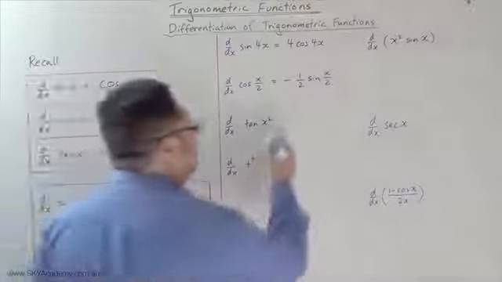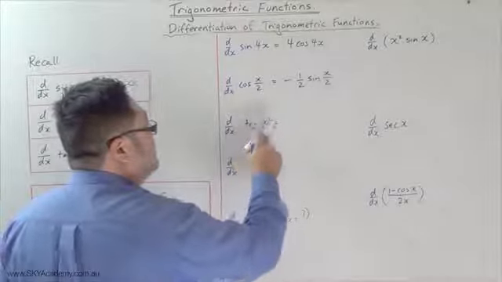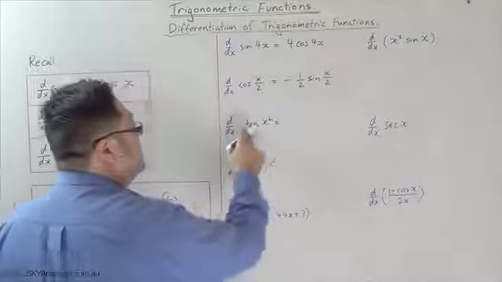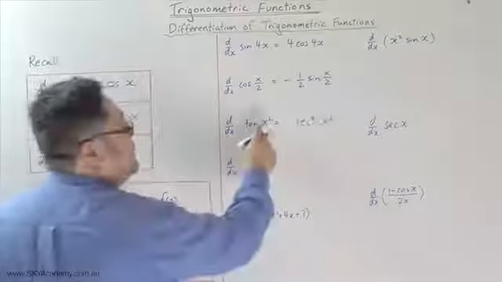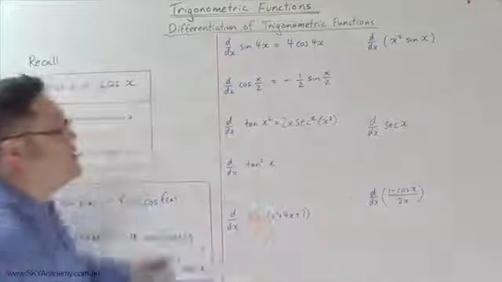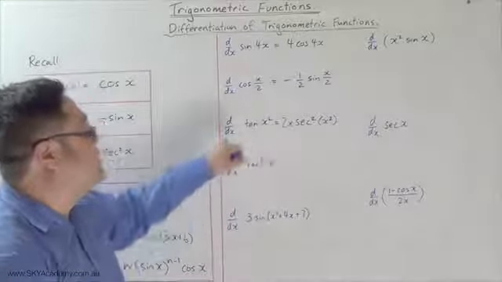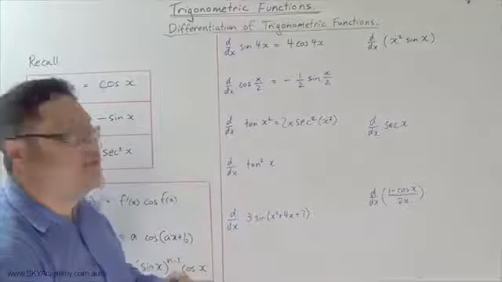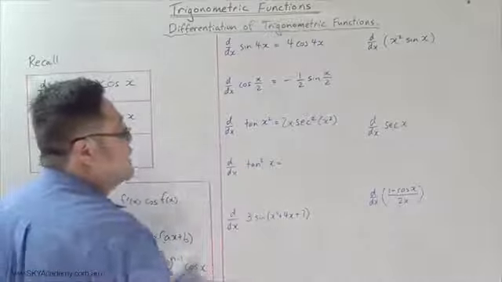So let's work this one out. The derivative of tan x squared is the derivative of the outside function, which is sec squared, times the derivative of the inside function, which is 2x. So it's 2x sec squared x squared. That is the answer for the derivative of tan x squared. This one, on the other hand, works like this.